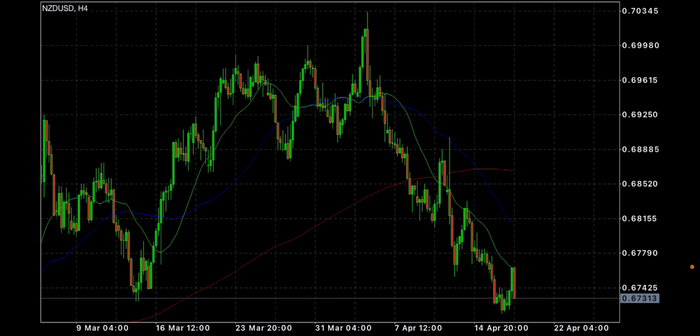And this inflation, even though there is good news coming out about the NZD, is having a weakening effect on its currency.